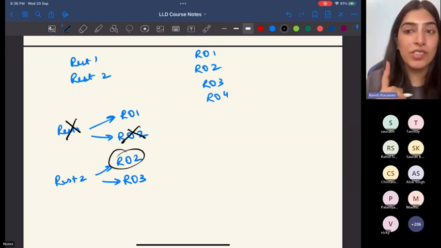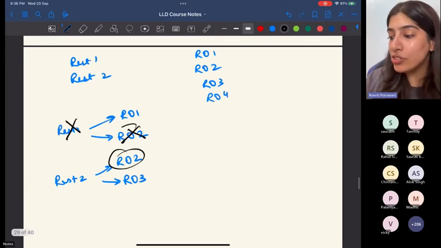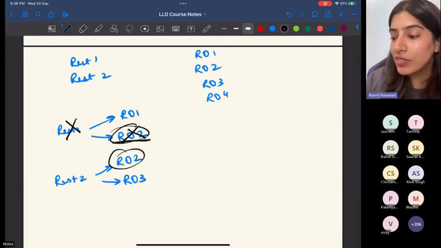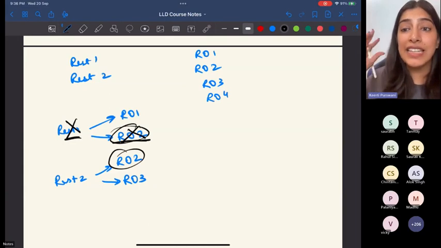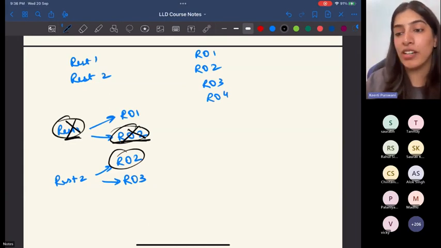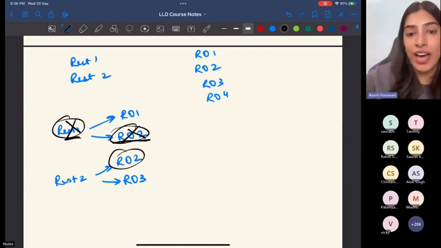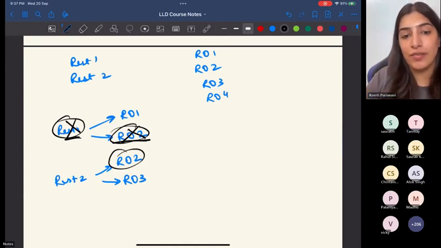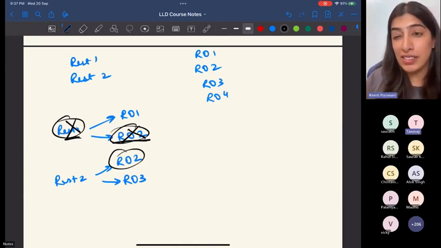When I say composition, it means that my restaurant owner 2 should not exist without this restaurant 1. Its entire life cycle should be dependent on this. So when the superclass is going to die, the subclass is also going to die. The entire life cycle is dependent on that. Does it make sense?